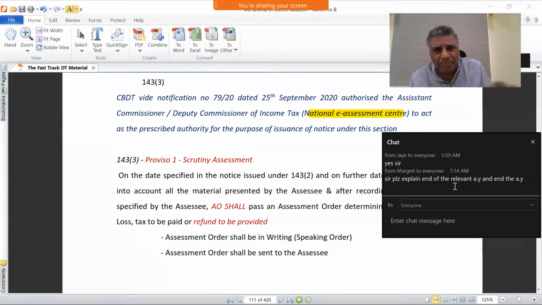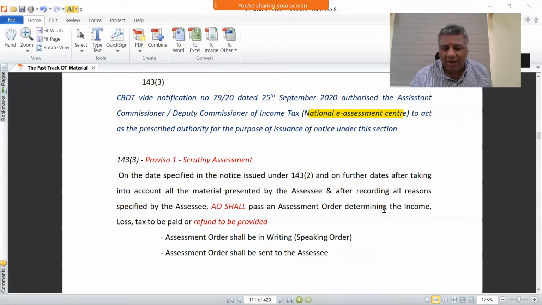Because if they speak about previous year 18-19, end of the relevant assessment year for 18-19 is 31/3/20. End of AY is used whenever we are talking about the current year. End of relevant AY is used whenever they are talking about any of the preceding years. That's why they use the term end of the relevant assessment year.